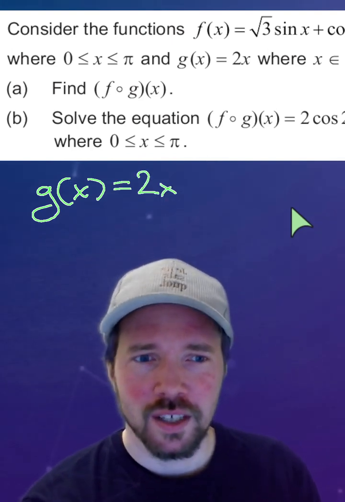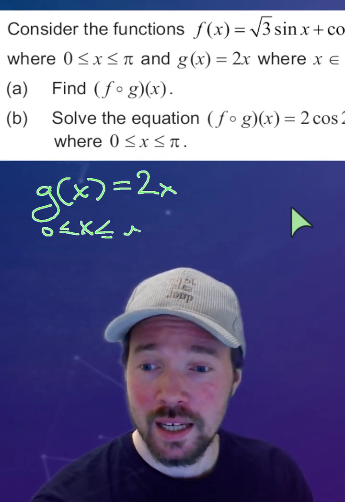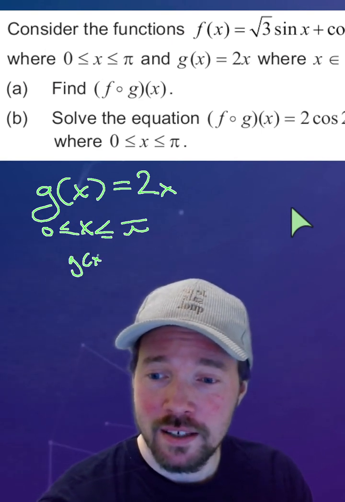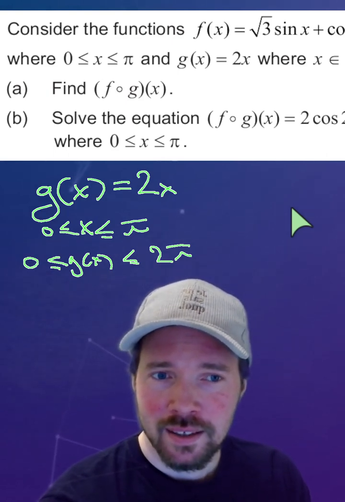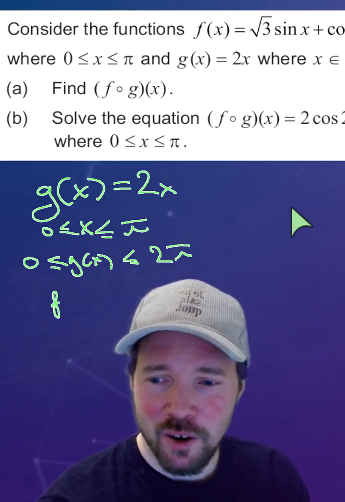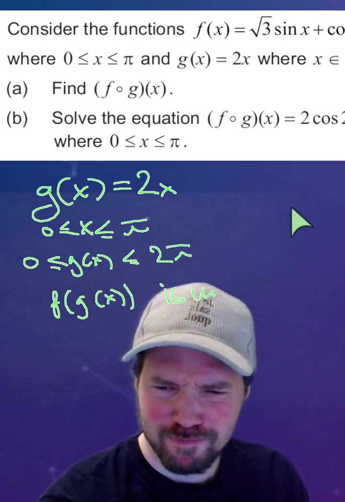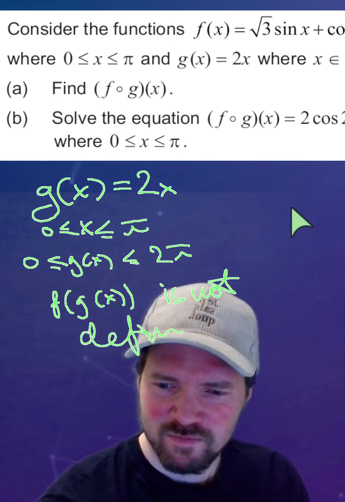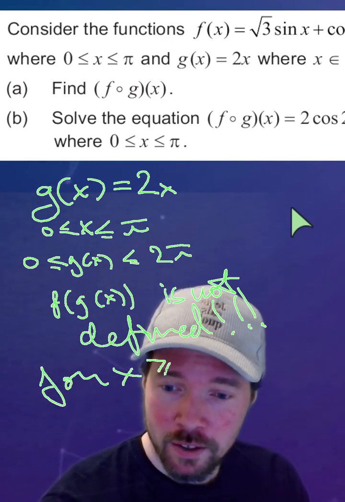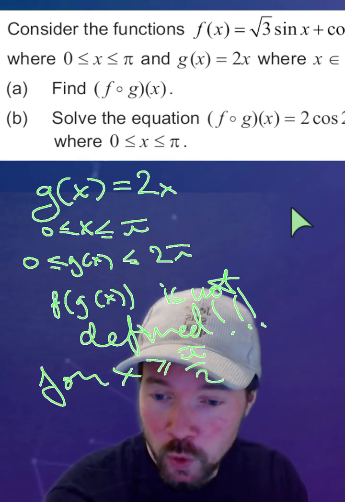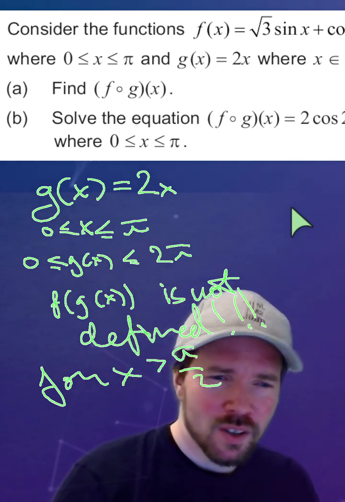So if x is between 0 and pi, then g of x is between 0 and 2 pi. So then this f of g of x is not defined for x greater than pi divided by 2, or not greater or equal, just strictly greater than pi divided by 2.